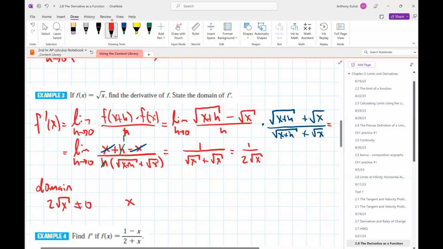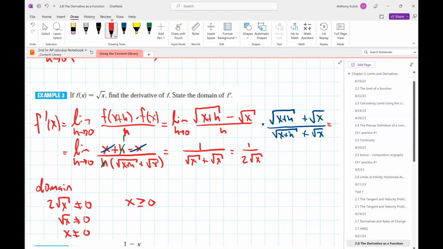And because there's a radical, the stuff under the radical has to be greater than or equal to 0. So if I divide by 2 and then square both sides, I have x cannot equal 0 and x has to be greater than or equal to 0. Those two things can't happen at the same time, because the not equal to 0 cancels out the or equal to 0, so you have just greater than 0.